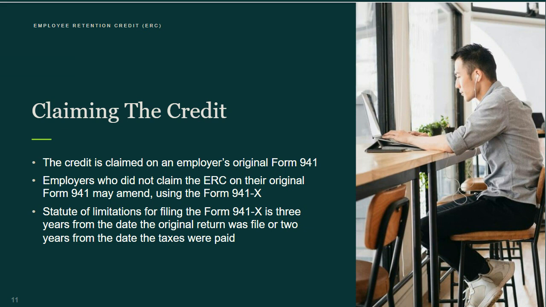And it's fully refundable, so you have the option to request a check from the IRS or apply it to future payroll tax deposits. And the statute of limitations for amending that 941 and filing the 941X is 3 years from the date the original return was filed, or 2 years from the date that the taxes were paid.